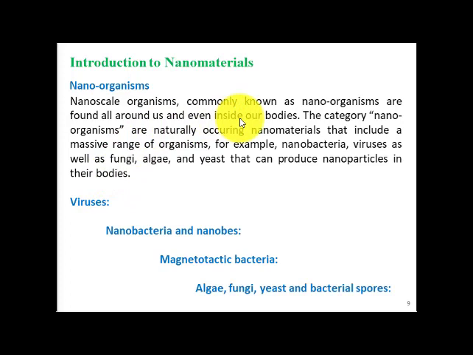Nanoscale organisms, commonly known as nanoorganisms, are found all around us and even inside our bodies. The category nanoorganisms are naturally occurring nanomaterials that include a massive range of organisms. For example, nanobacteria, viruses, as well as fungi, algae, and yeast that can produce nanoparticles in their bodies.